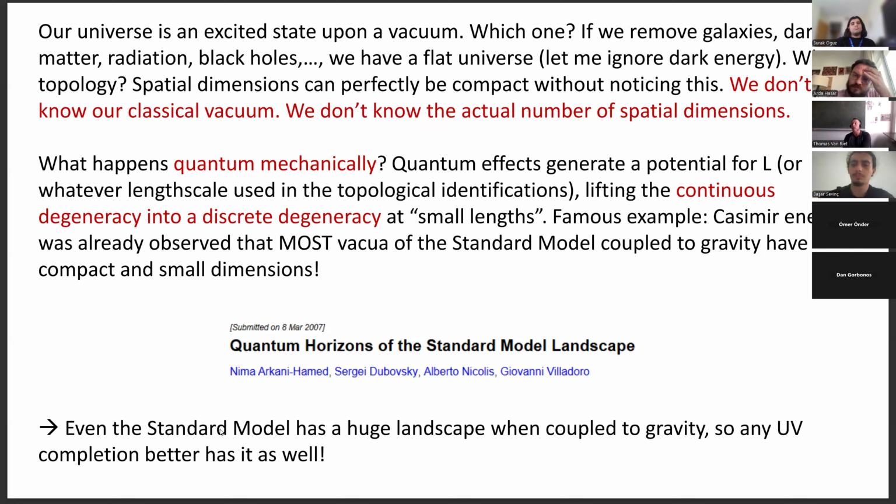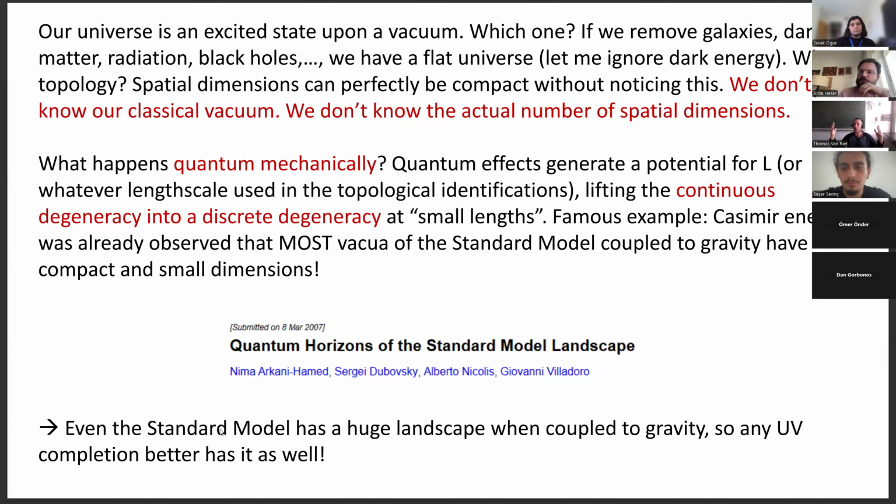So what happens quantum mechanically, right? I showed you for QCD, quantum mechanically, a discrete infinity is turned into a continuous infinity on the circle. And quantum mechanically, what happens in gravity is less trivial. So we know for sure that quantum effects tend to generate a potential for L. I'm just doing the simplest example where I decided to periodically identify x, right?